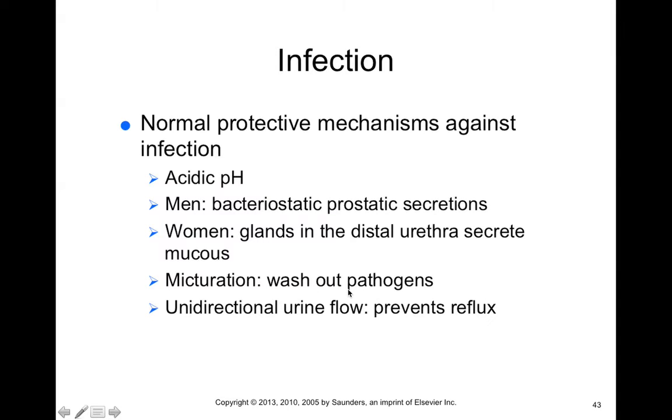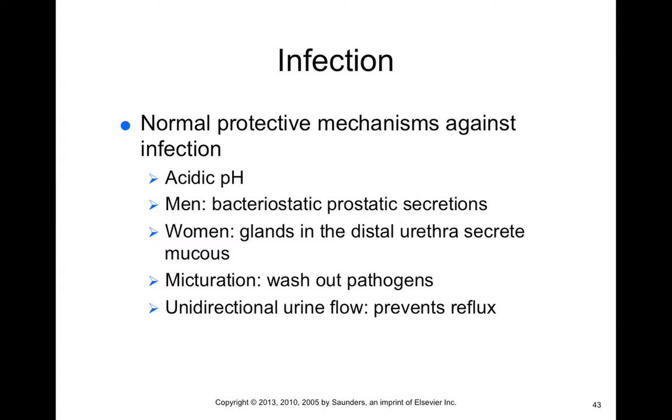So frequent urination helps to eliminate bacteria and other pathogens from the urinary tract, and by washing them out, it prevents infection. Also, unidirectional urine flow prevents infection, because if you don't have reflux, then you're constantly washing out that bacteria, which may be coming from the distal urethra.